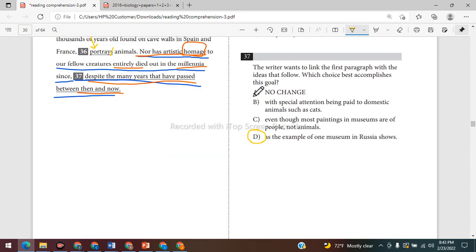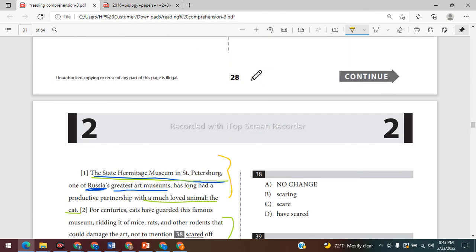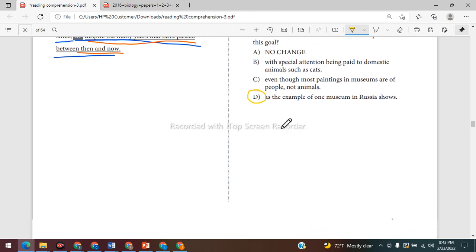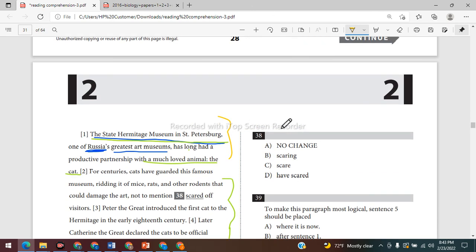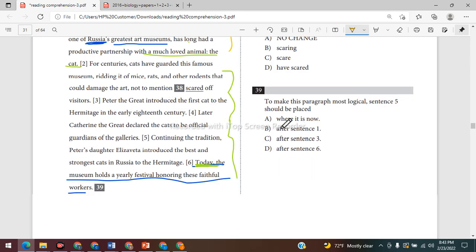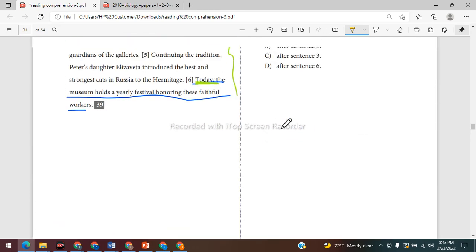Number 38. Number 38 says, number 38. Where's number 38?